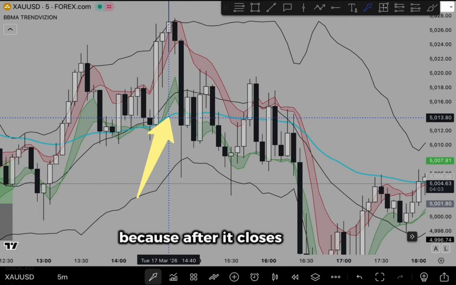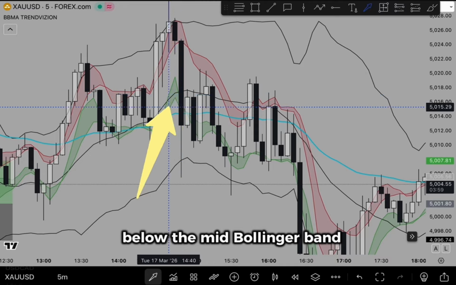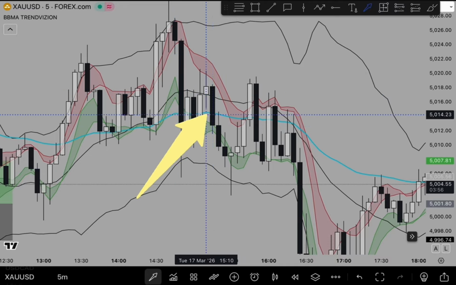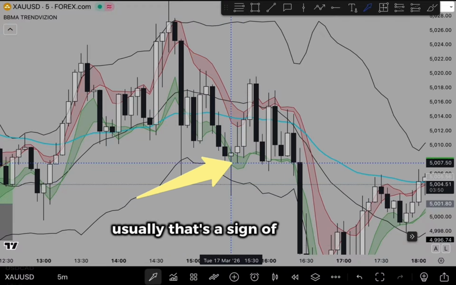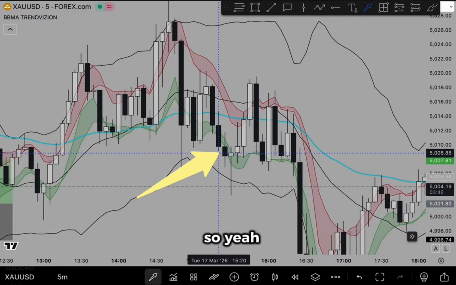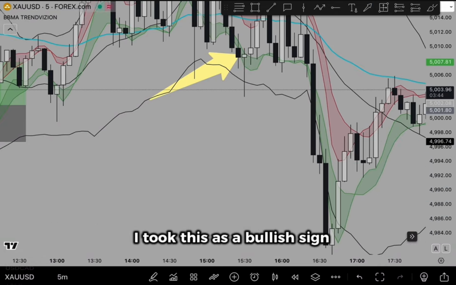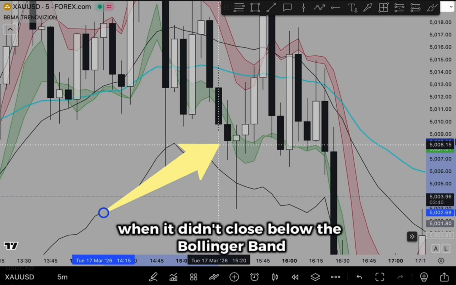After it closes below the mid Bollinger Band, retests, continues downwards and doesn't break the low Bollinger Band, usually that's a sign it can reverse. So I took this as a bullish sign when it didn't close below the Bollinger Band.